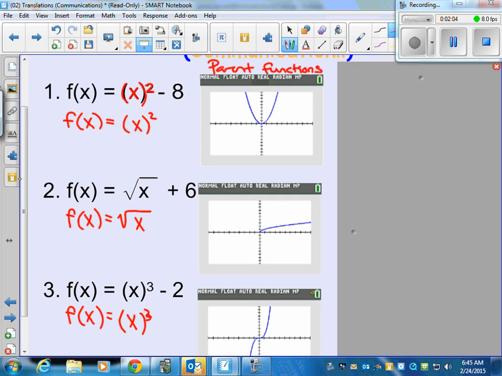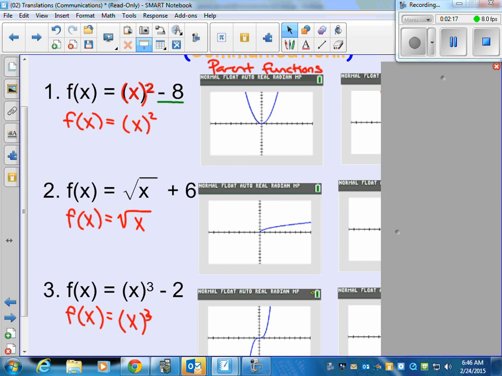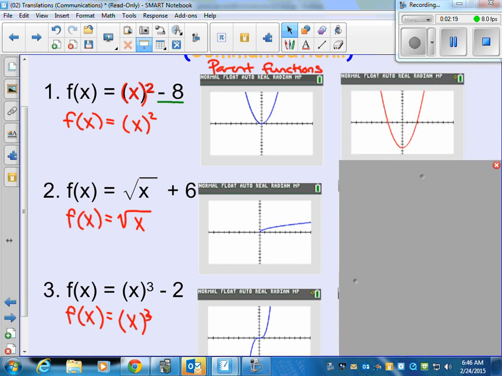Now, when we look at the transformation part of these graphs, we want to understand what's happening. In the first function, we have a minus 8 outside of the parent function, and we can see that this graph has moved down 8 spaces.